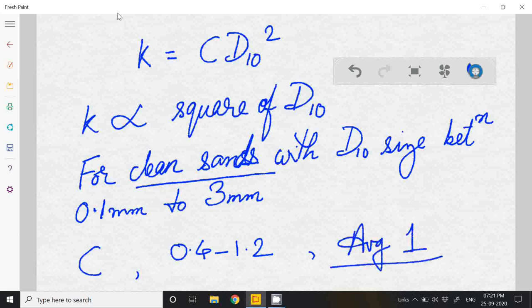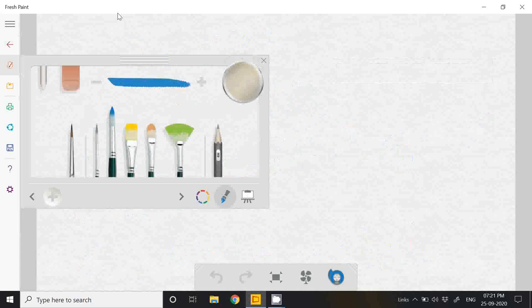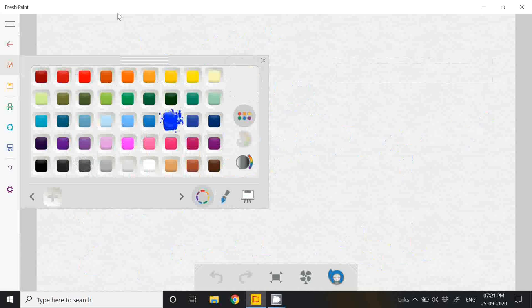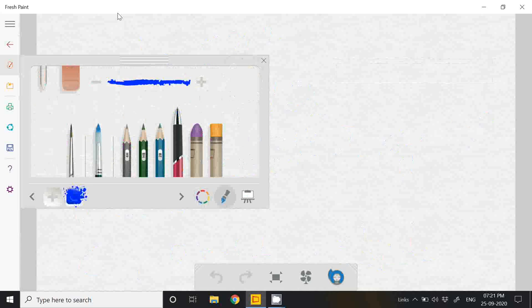Okay, so you need to please keep this in mind. These are some points which generally come in the exam, like K is equal to C D10 square. It is a common question that is asked in the exams. They give you the value of D10, then C they give, so you can find out K, isn't it? So please remember this formula. Whatever things I mention as important, this is all from my experience.